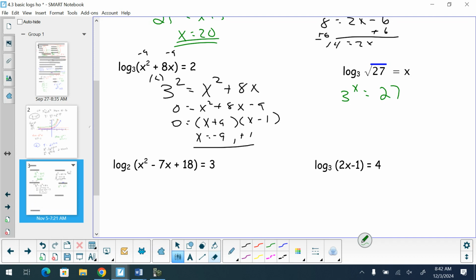We have a square root. What exponent can we write as a square root? 1/2. So we have 3 to the x is equal to 3 cubed to the 1/2 power. Power to a power, we can multiply. We have 3 halves. x equals 3 halves.